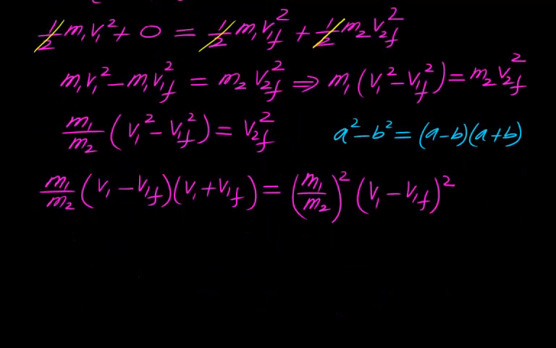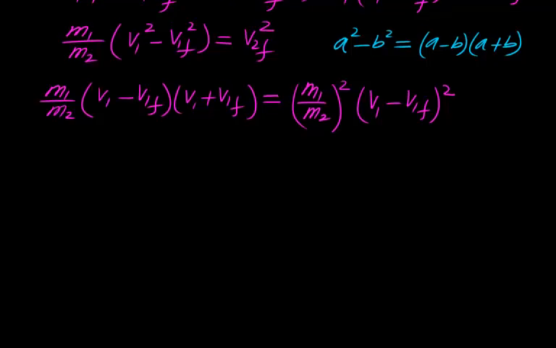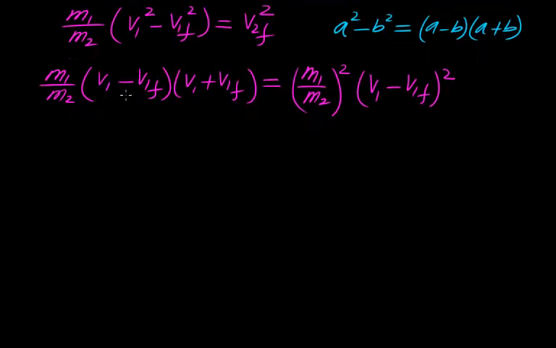Now let's try to simplify this expression a little bit more. The v1 minus v1 final, this term here, can cancel with the square because that expression is the same, v1 minus v1 final. In a similar way, the m1 over m2 can cancel with the square here also.